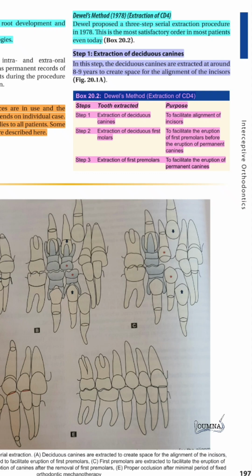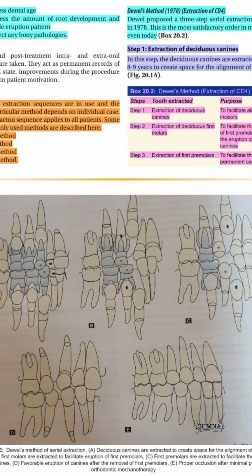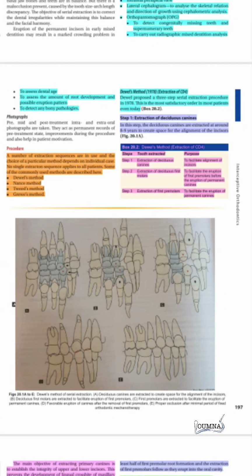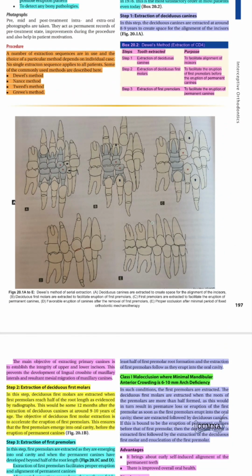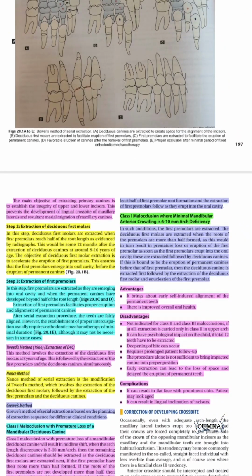It starts with the extraction of the deciduous canines, then the primary first molars, then the permanent premolars. We start at the age of 8 to 9 years, and we extract the primary canines. This is to create space for the alignment of the incisors.